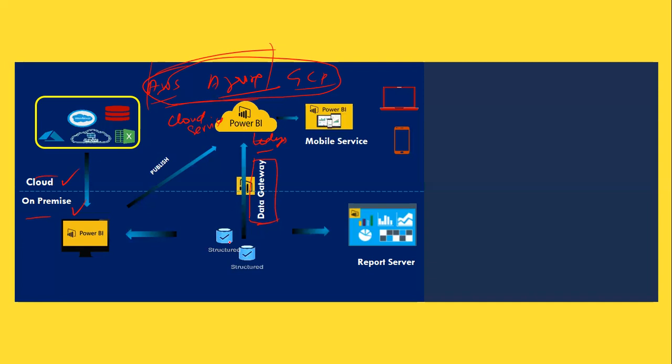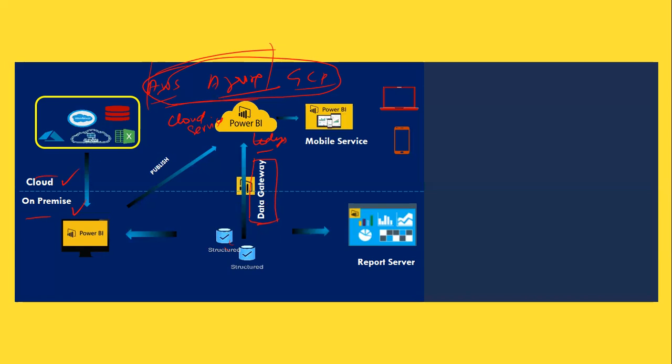In that case, you can use the data gateway for the reports to pull the data from your on-premise system and refresh the data in your Power BI reports in order to keep them up to date.